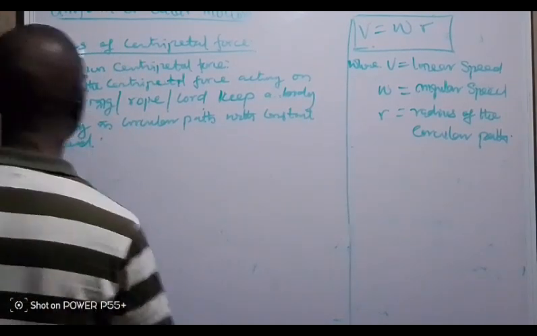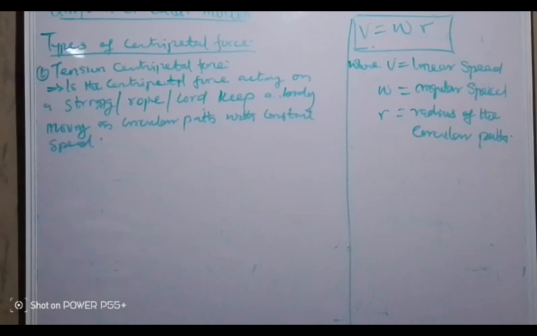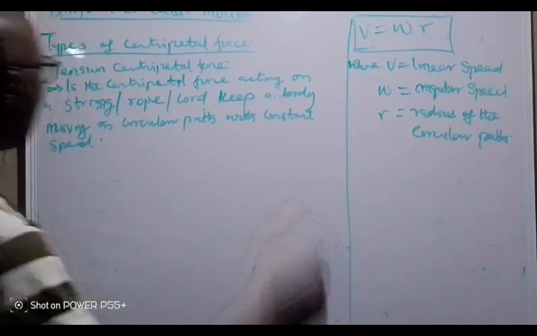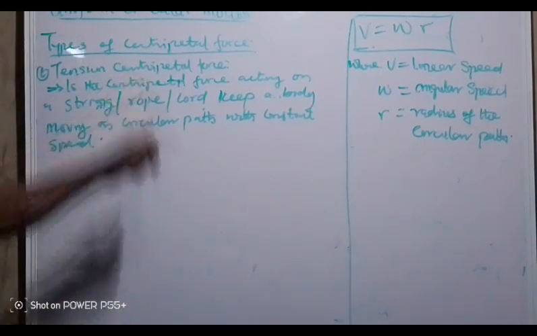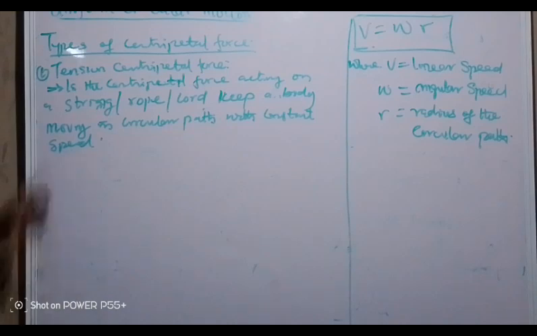That is, when you extend a string or rope or cord, maybe you attach a load on it, and while it runs, the type of centripetal force that works on it is called tension.